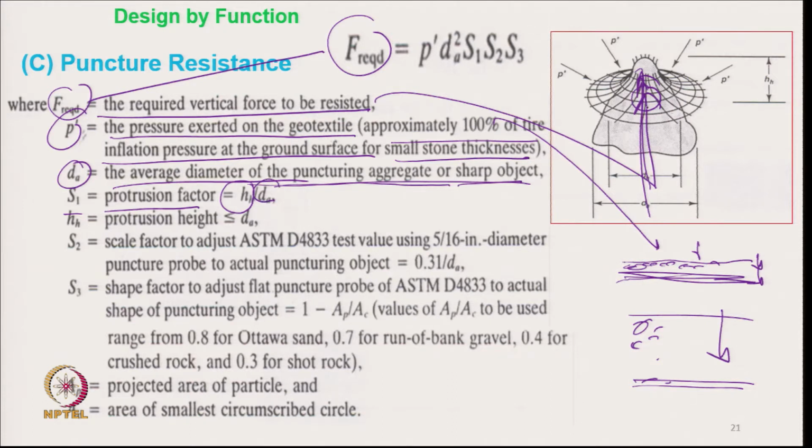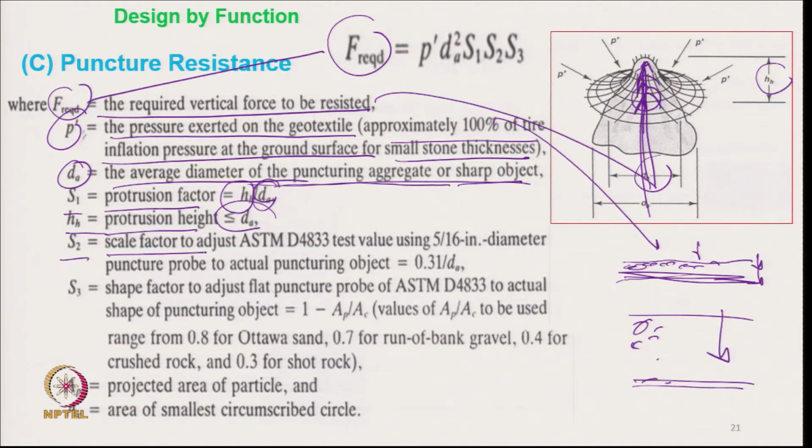H is the extent it is penetrating inside the geotextile, that is the protrusion height, and dA is the diameter of the stone or object. Typically H is less than or equal to the diameter of the stone.